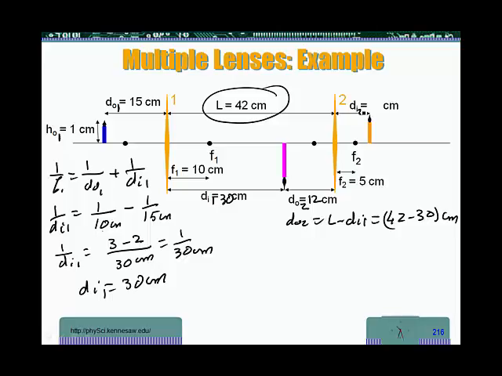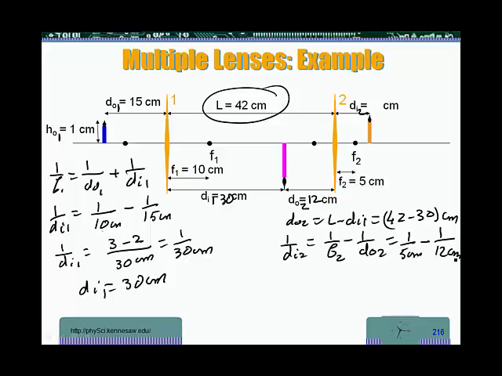And now we'll solve for DI2. Using the thin lens equation, 1 over DI2 is going to be 1 over f minus 1 over DO2. F is given to us here as 5 centimeters, so that's going to be 1 over 5 centimeters minus 1 over 12 centimeters.